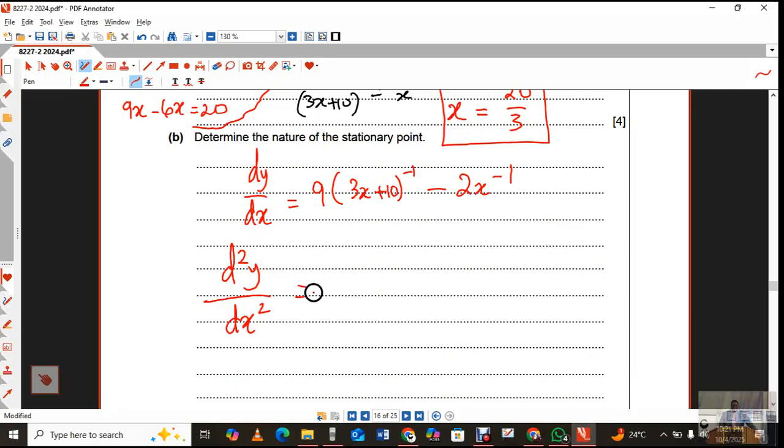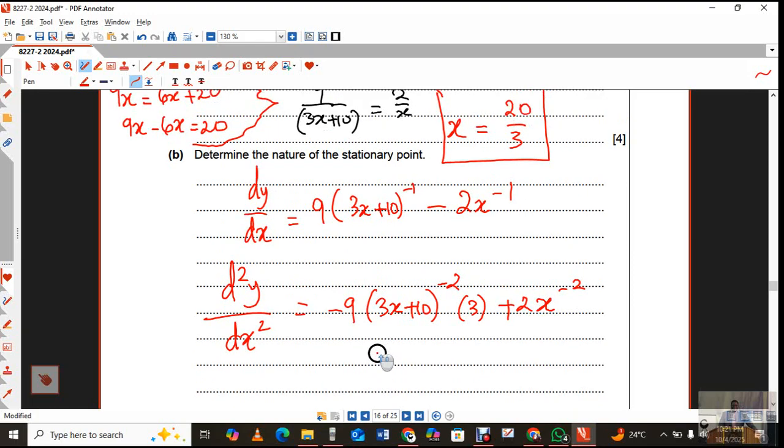Then remember, you're going to have negative 9, keep the same stuff, take away 1, times the derivative of stuff inside, minus negative times negative becomes a positive 2, x to the negative 2. This is the second derivative. Don't waste your time trying to write everything as it is.